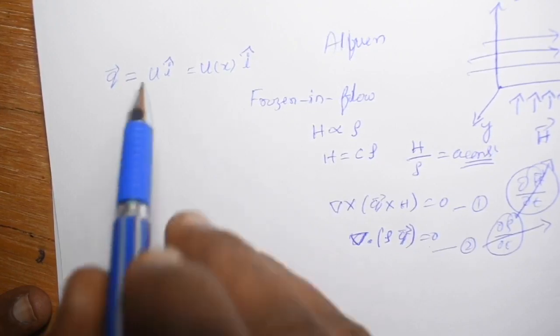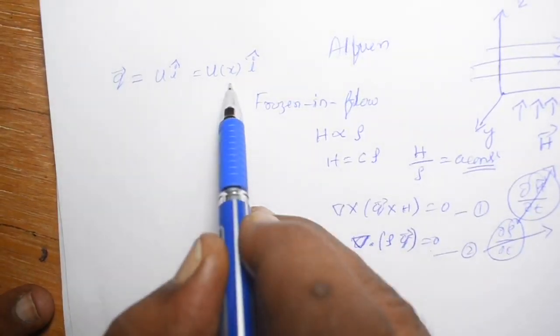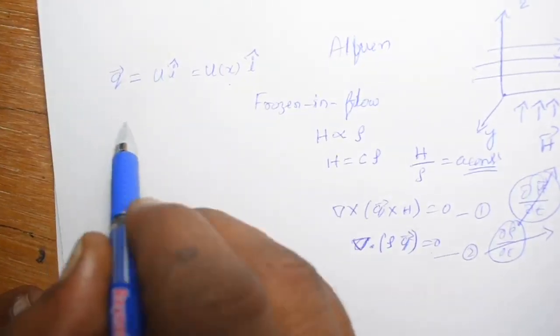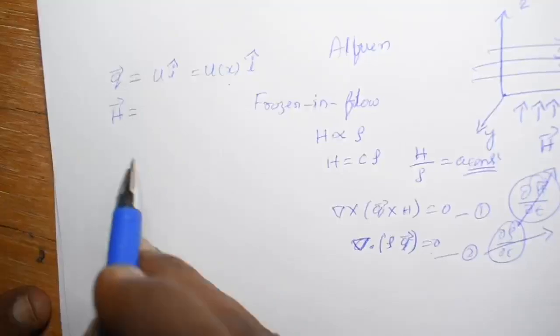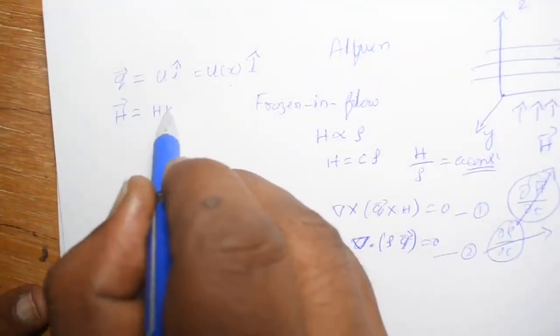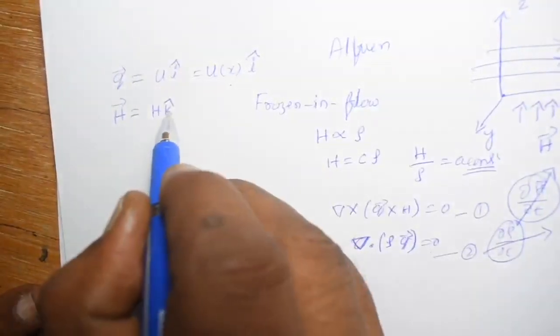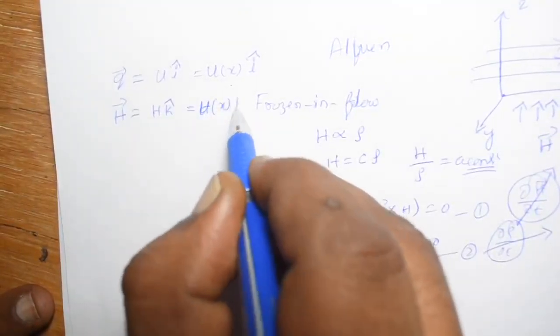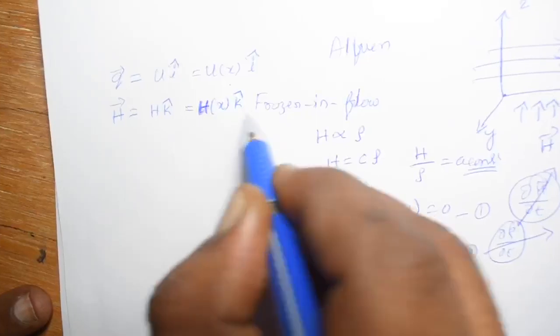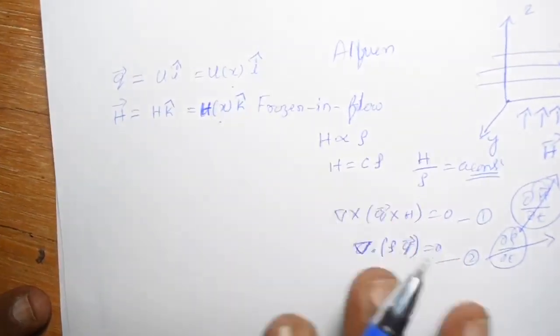That's why it is purely a function of x only. In a similar manner, the magnetic field is only along z direction, so it becomes H k. So here H is also a function of x only.